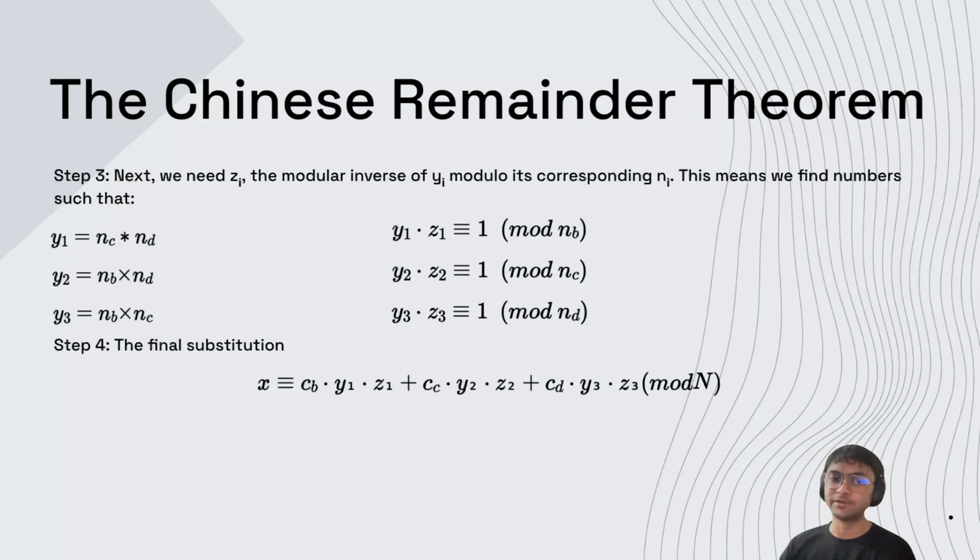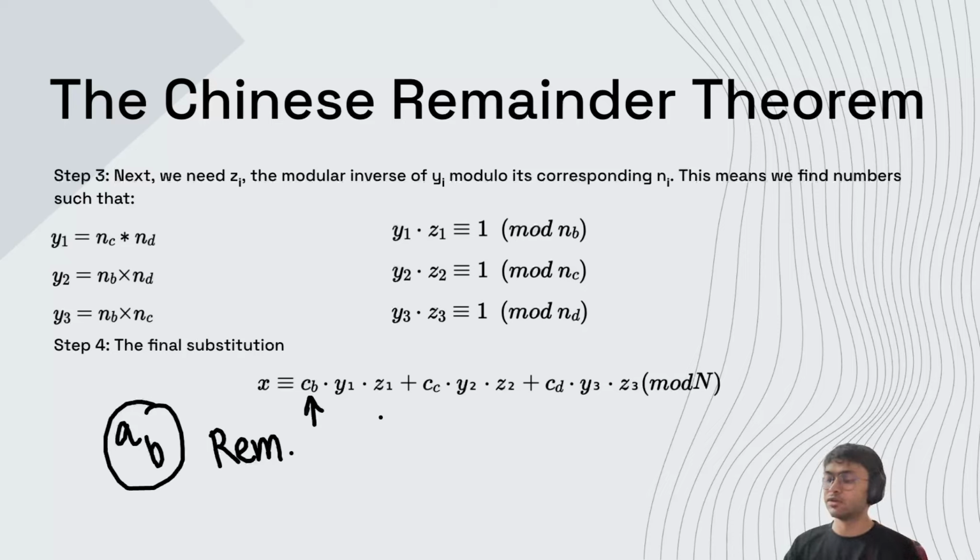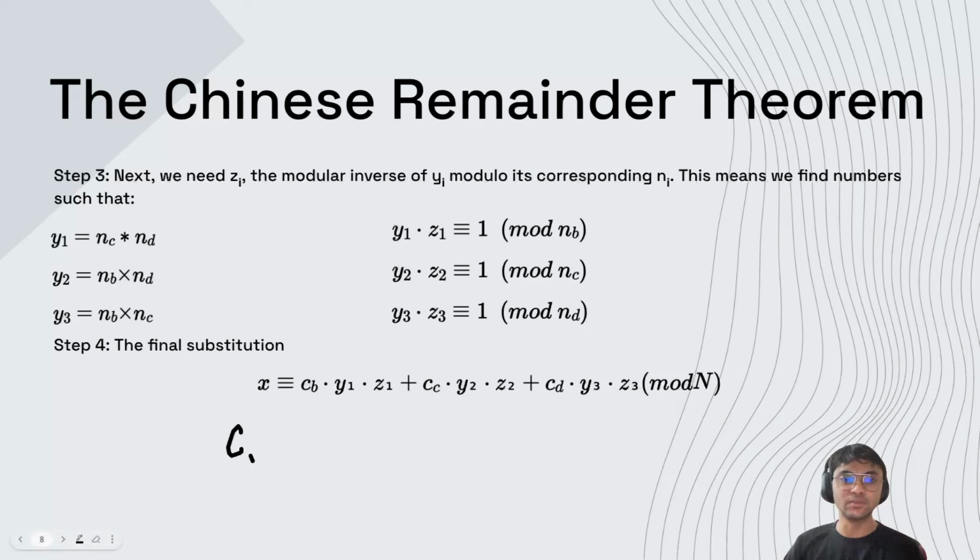Our final substitution. We know the value of the CBs. CBs are also a way to represent ABs, which were nothing but the remainders from each equation. So we have CB.